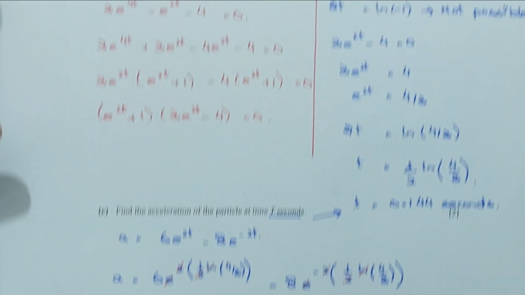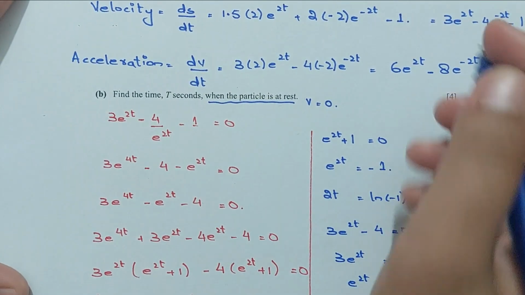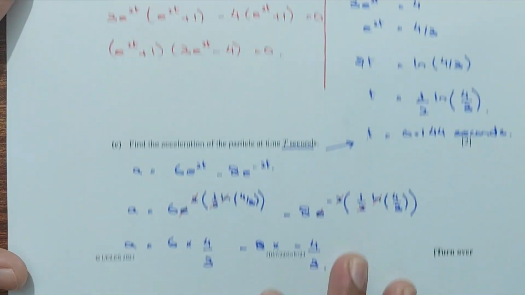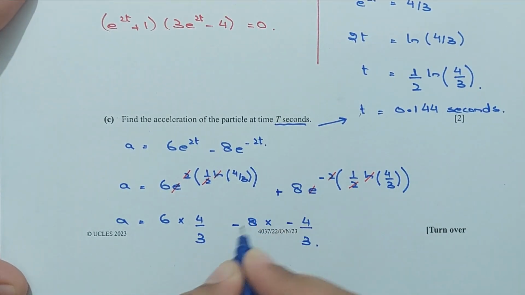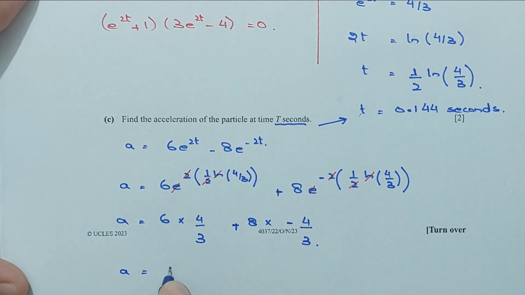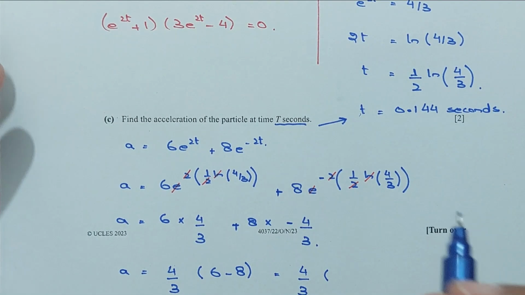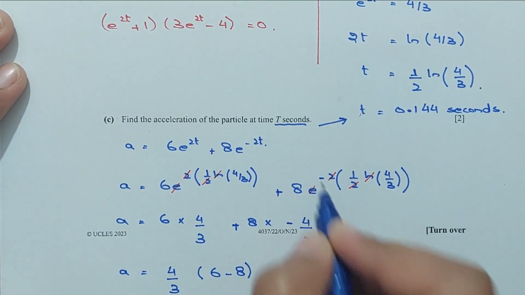So there's a mistake in the acceleration. The acceleration we got has a plus over here. Negative times negative is positive, sorry. So we have a positive and positive, right? So acceleration should be, we can say 4 by 3 is common and we have 6 minus 8, which is negative 2. So this is negative over here, sorry.